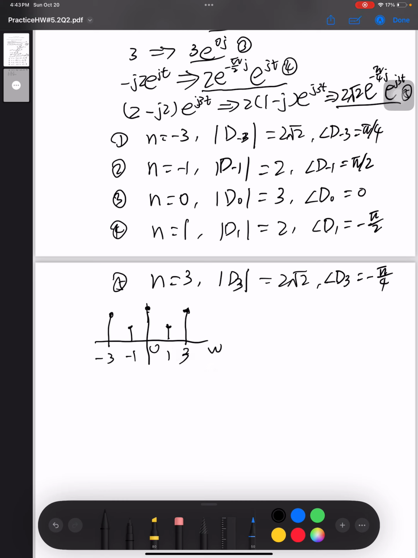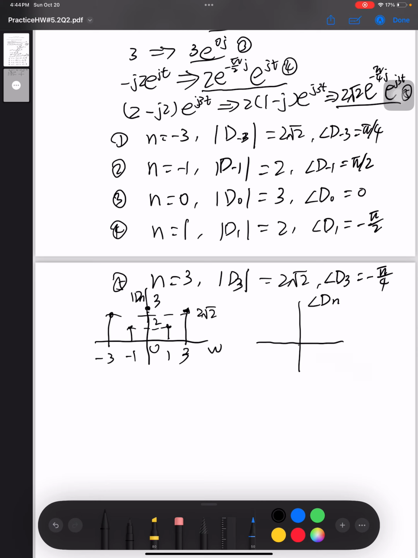And this is 3. And this is 2. And this is 2 times square root 2. And this is the amplitude.